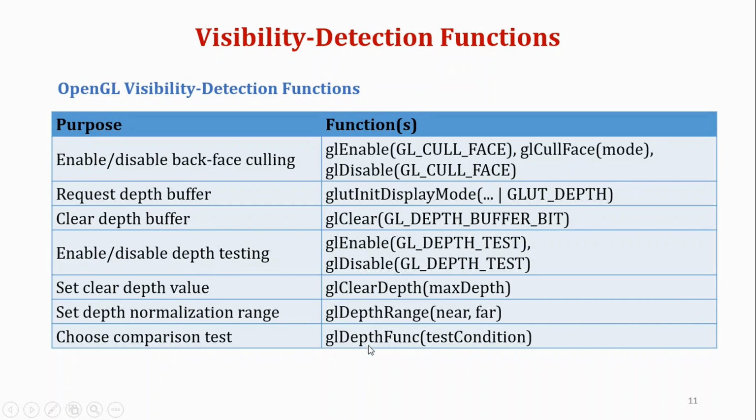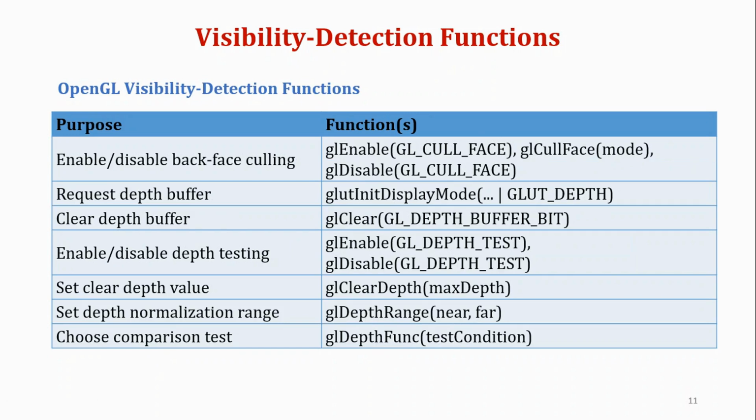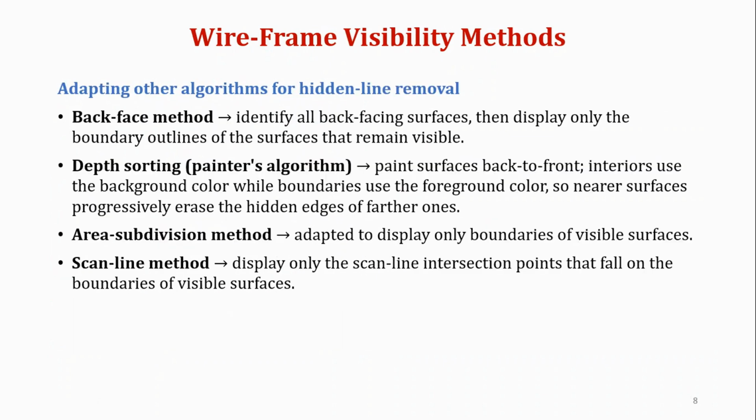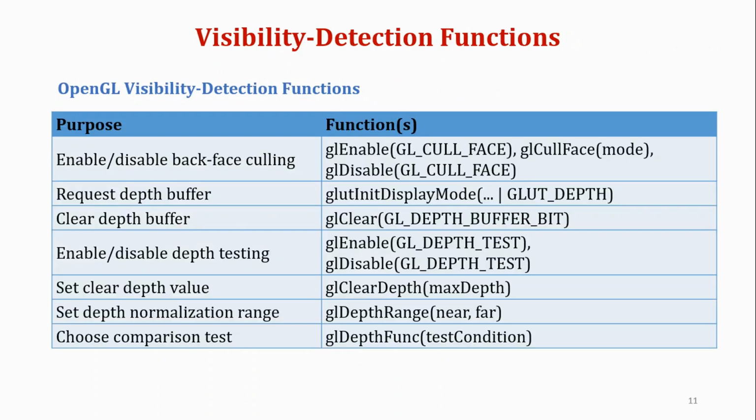These are some of the built-in functions in OpenGL for visible surface detection, which means the functions adapt the existing methods I told you about: the backface method, depth sorting, the painter's algorithm. The existing algorithms can be adapted to implement hidden surface removal in the model by OpenGL.